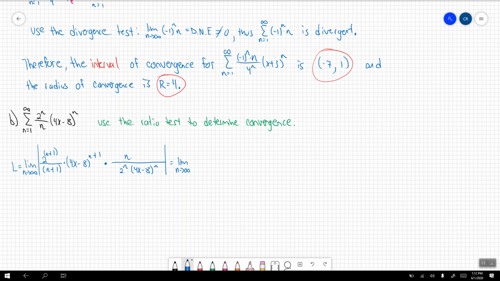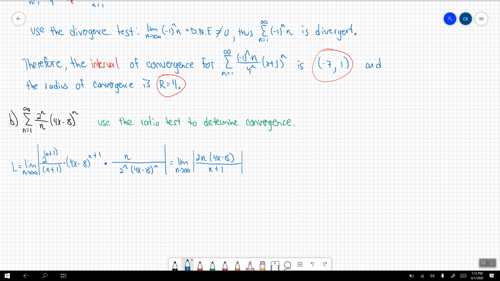And we're left with the limit of the absolute value of 2 times n times 4x minus 8 to the power of 1, all divided by n plus 1. And again, this is all within that absolute value.